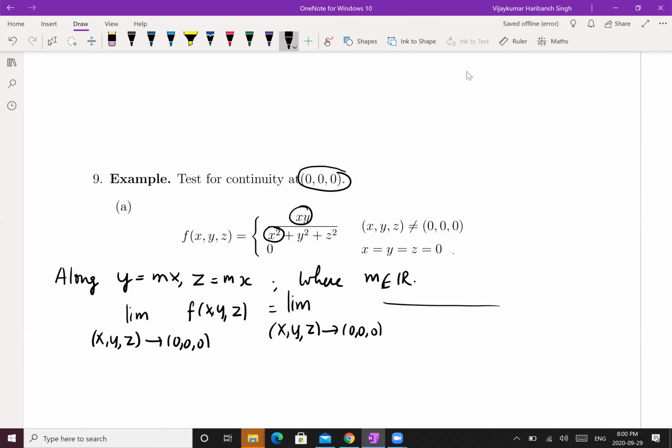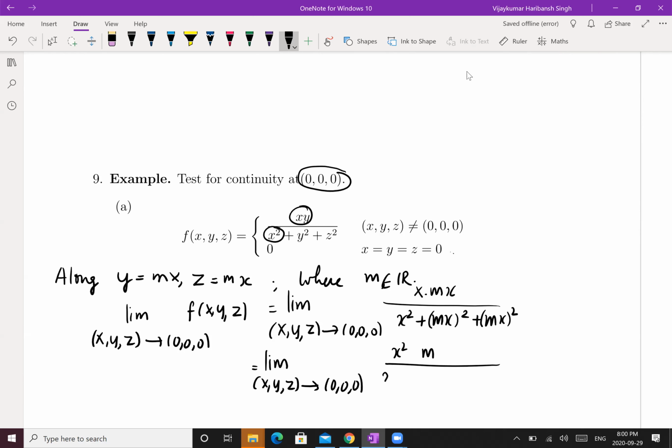Now what will happen is x will be x, of course, y gets replaced by mx, and z by mx, giving x squared plus mx the whole squared plus mx the whole squared. So we get the limit of m x squared, with x squared common from the denominator, 1 plus 2m squared, which is going to be m upon 1 plus 2m squared.